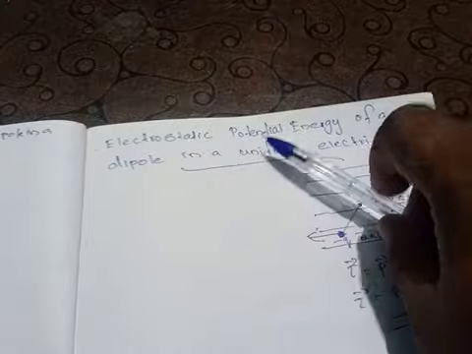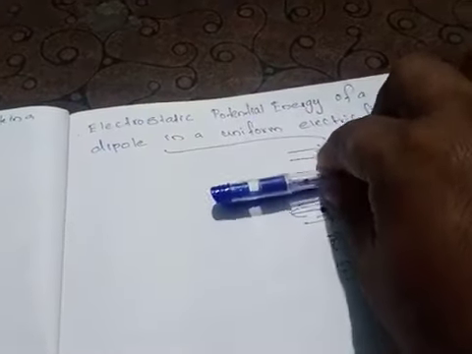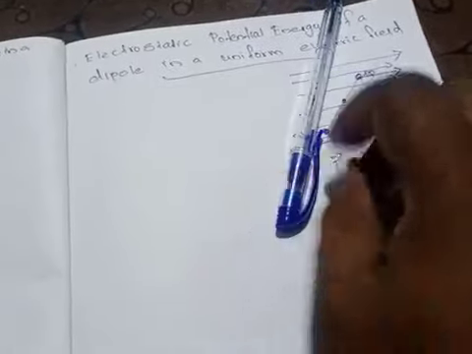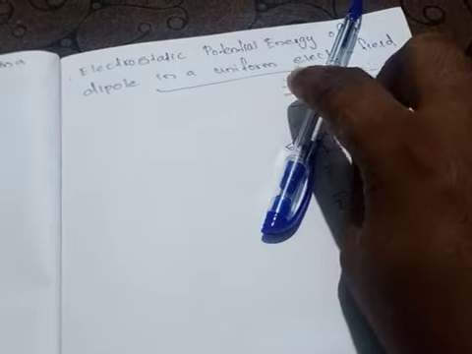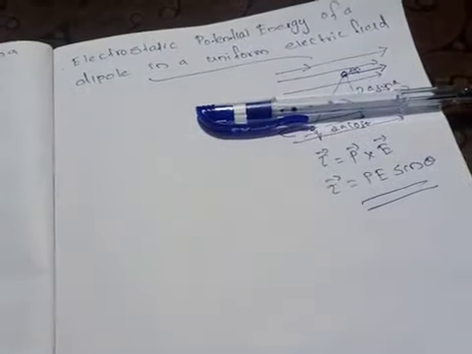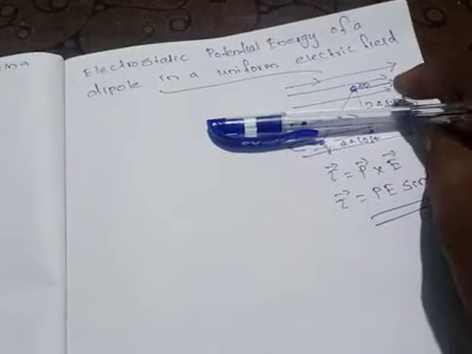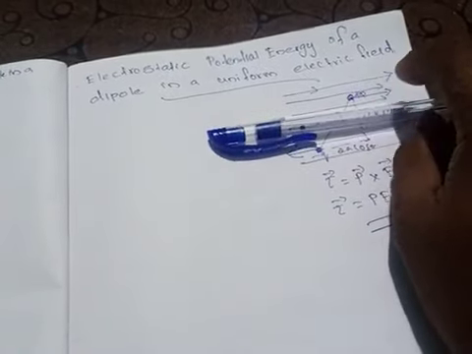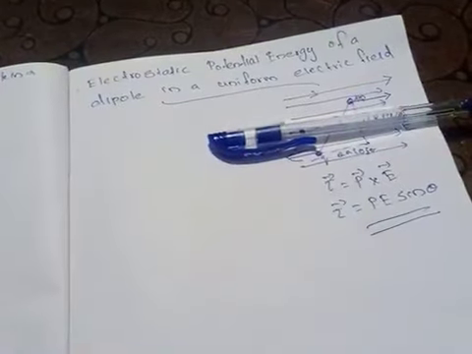So this dipole will rotate and it aligns with what? This electric field line. Once it aligns with the electric field lines, the rotation stops.